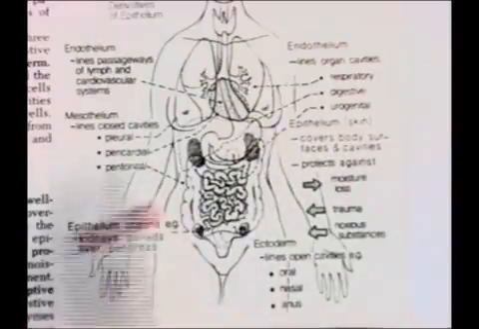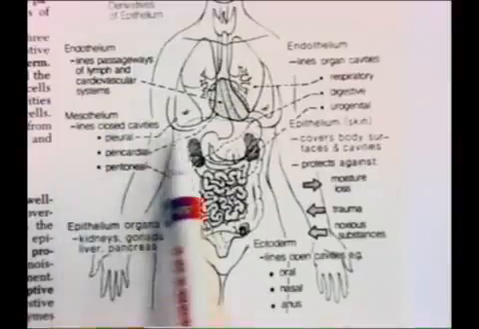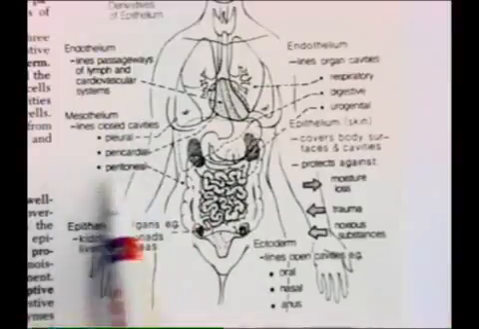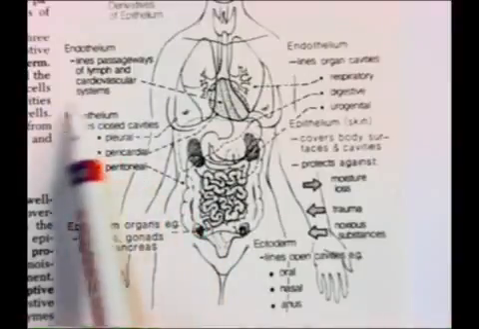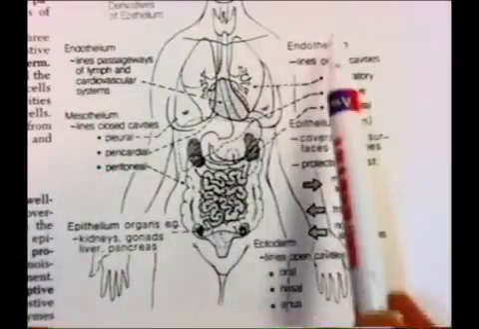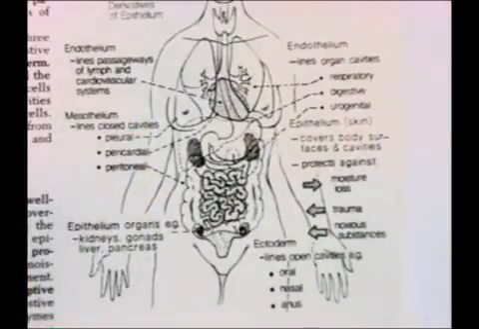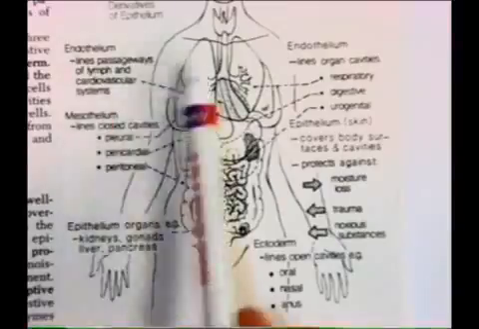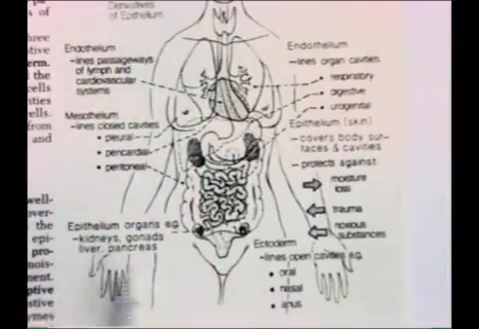The mesothelium lines closed-in cavities: pleural, pericardial, and peritoneal. So they are made up of mesothelium, and this is endothelium. This is also a type of endothelium. All of them are derivatives of epithelial tissue. Then there is the epithelium of organs such as the kidneys, liver, pancreas, and gonads.